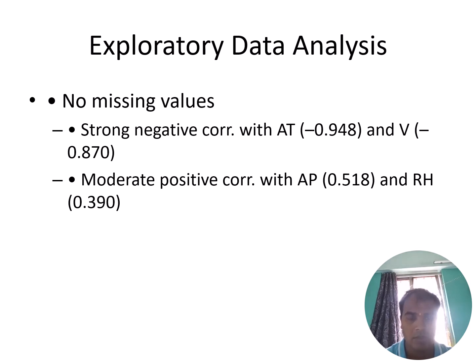So strong negative correlation with AT and V means that as AT and V increase, the power output decreases, and vice versa. And moderately positive correlation with AP and RH means that the power output generation moderately increases as AP and RH increase.